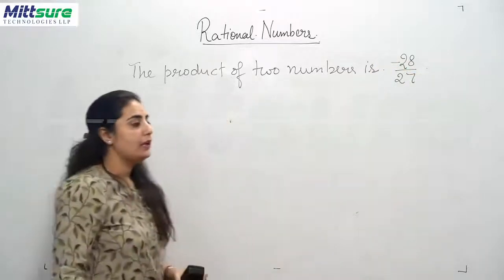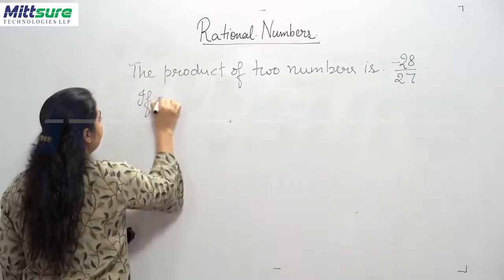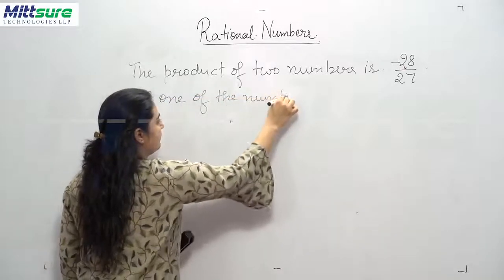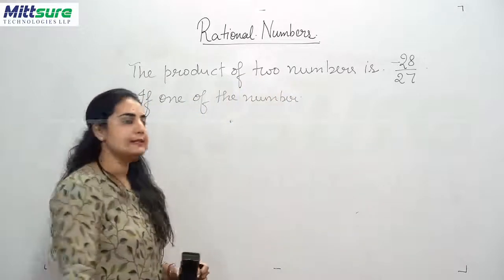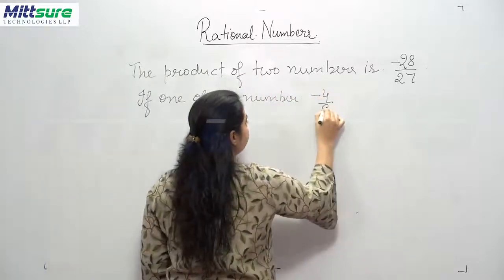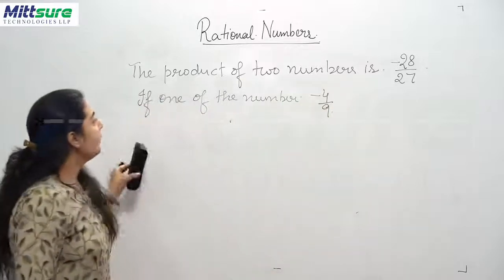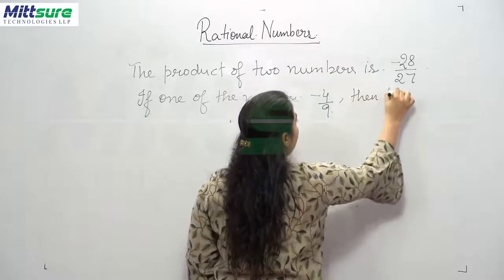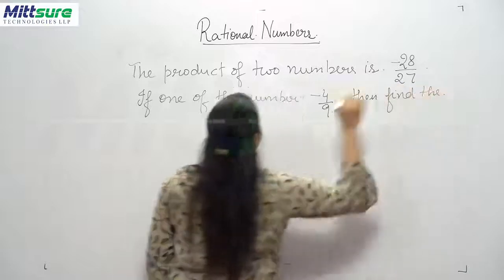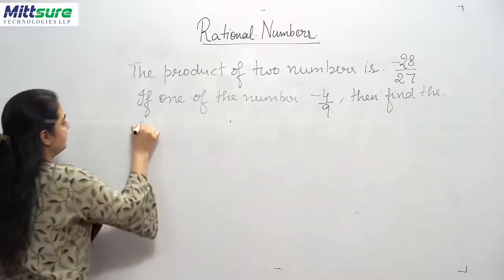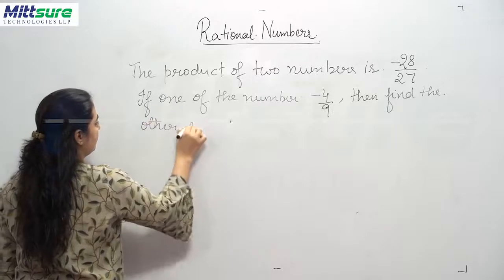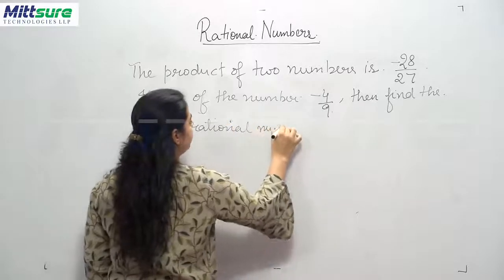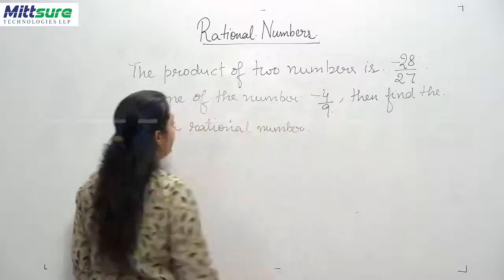Now, if one of the numbers which is given to you is minus 4 upon 9, then you have to find out the other rational number.